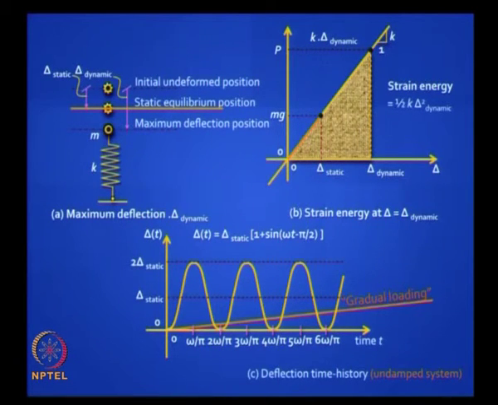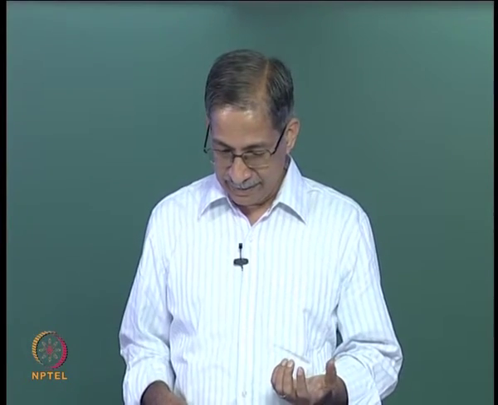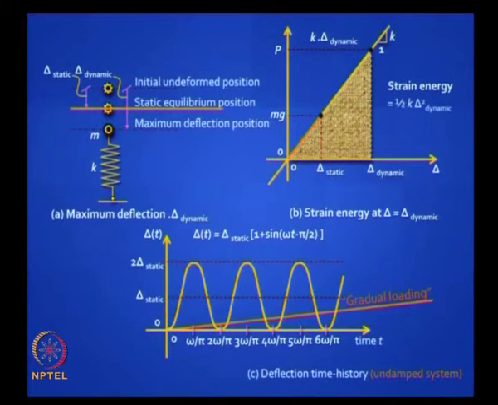But our real systems are not ideal, there is going to be dissipation of energy, and if you really want to model it, you should put a dash pot which takes care of the dissipation energy. And so we make one big assumption. The graph that you see here shows simple harmonic motion, but in reality we know that things come to a stop, and they come to a stop fairly quickly, right.